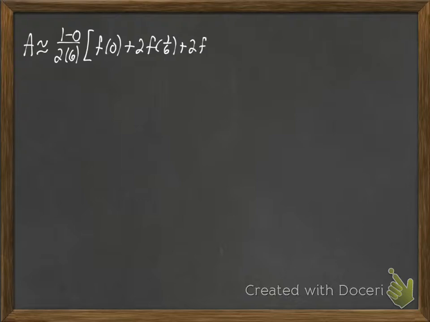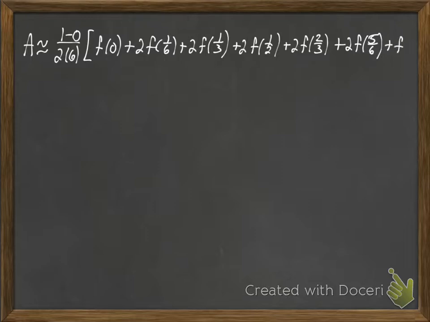Area is approximately (b minus a) over 2n, and then we'd have f of 0 plus 2 times f of 1, or not 1, but 1/6, sorry, plus 2 times f of 1/3 plus 2 times f of a half plus 2 times f of 2/3 plus 2 times f of 5/6 plus f of 1.